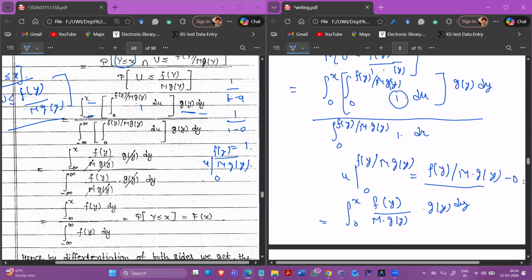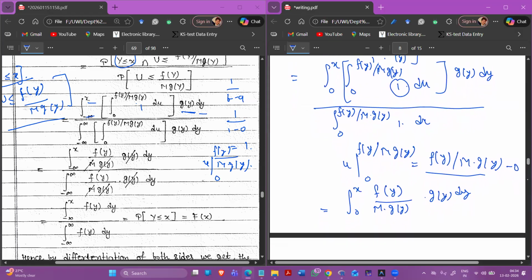Which one? The limit is supposed to be there. Here? Oh, for the last one. This one? See, we took minus infinity here, right? Why did we take the minus infinity here? Because we don't know exactly what gY is. So we can put here minus infinity or 0, anything, because we don't know exactly what the distribution is.